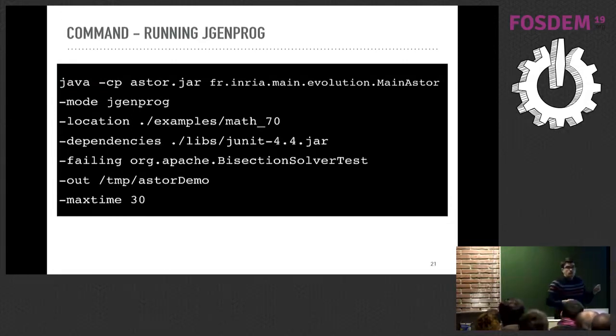The idea of Astor is to transform the behavior of the program with the goal that this failing test case passes, but it also tries to keep the behavior that is correct. That means the test cases that are not failing continue passing. And there are a lot of arguments, for instance, max time, that is the time that we give Astor to search for a solution.